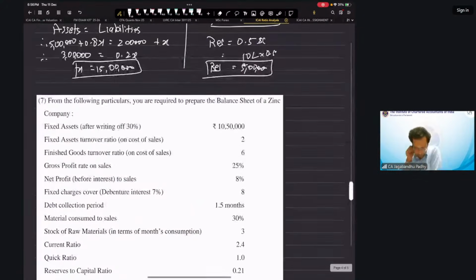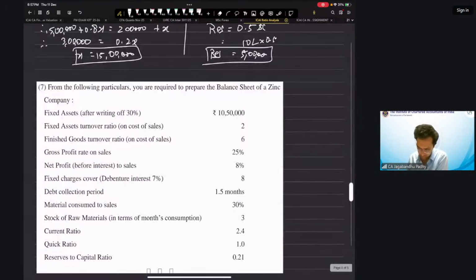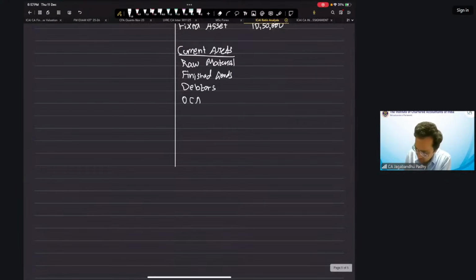Then we have the debtors, raw material, finished goods, debtors. Then, of course, we'll have other current assets.